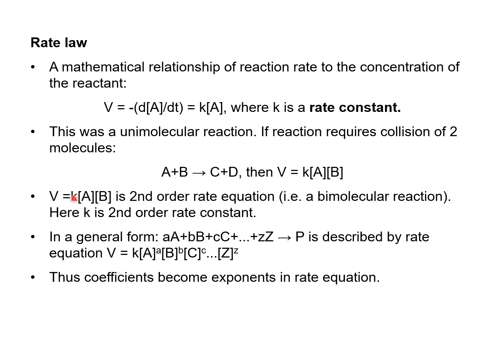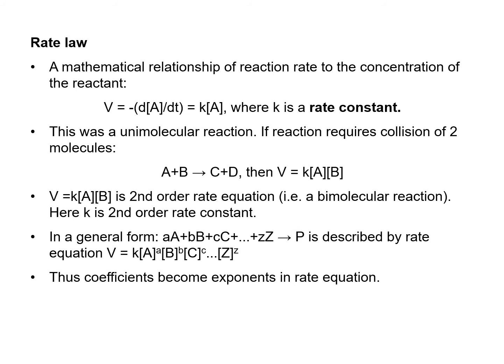And here k is a second order rate constant. And in general form, if you make it into a collision of more than two molecules for the reaction, then that will be with a coefficient, basically the ratio or the concentration of each molecule. So little a, big A, plus bB plus cC up to zZ, which makes the product P.